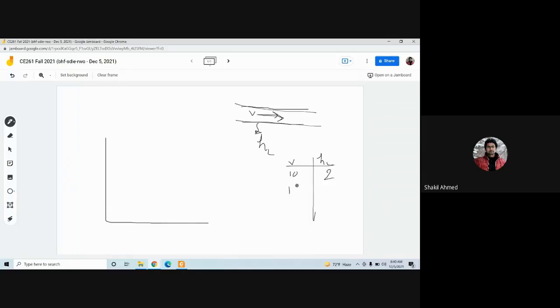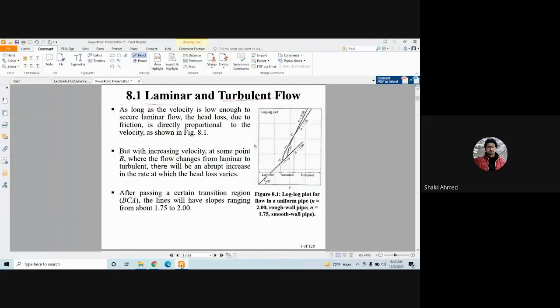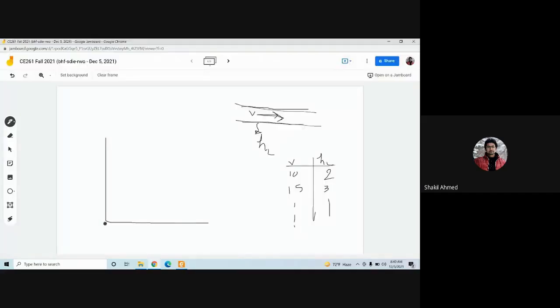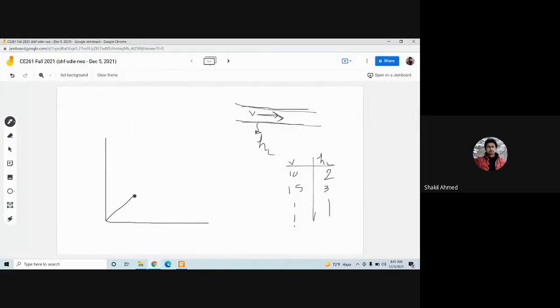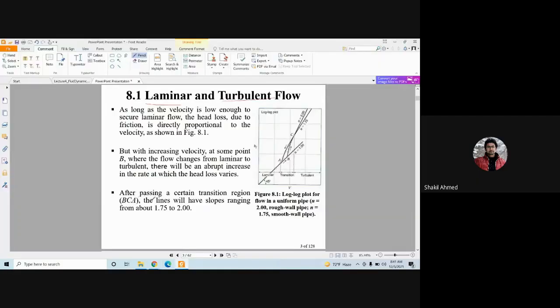For 15, you have 3, and so on. If you plot this, initially you're getting a straight line, but up to a certain point you'll see that the curve is moving like this. This is no more a linear line.